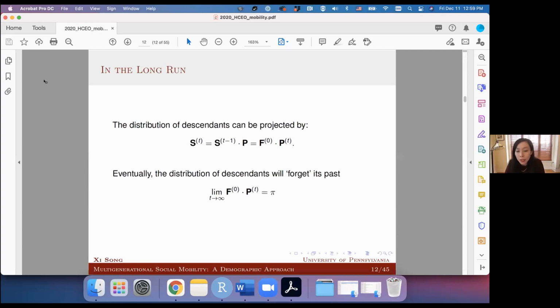Eventually, all the families will forget their past. No matter whether you start from a high social class or a low social class, all the families will converge to the same distribution of their descendants after long enough generations of social mobility.